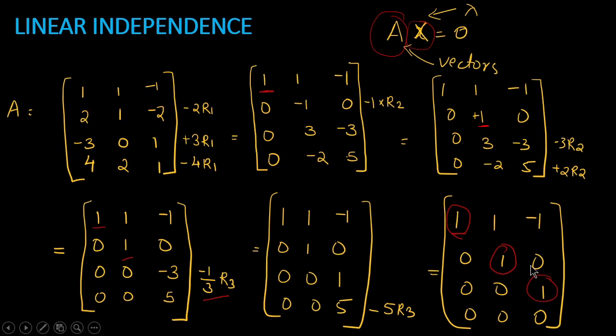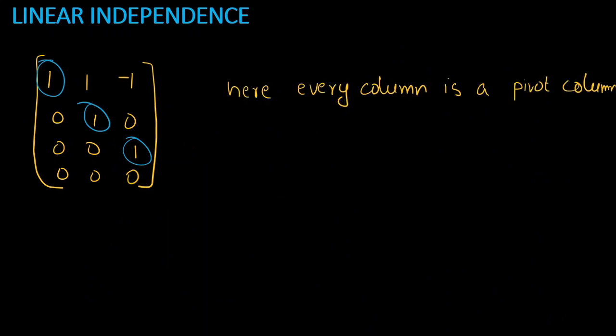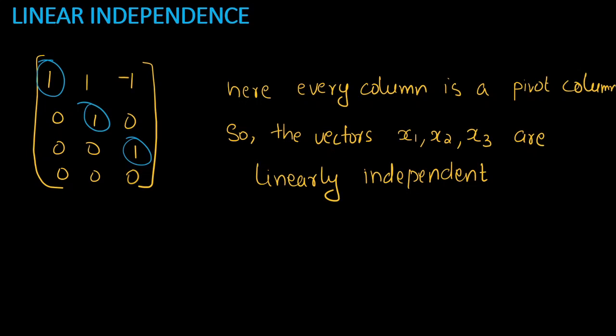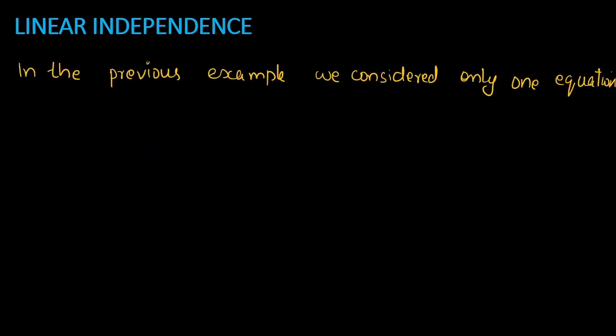Since all the columns are pivot columns, this is a linearly independent set of vectors. So the vectors x1, x2, x3 are linearly independent.